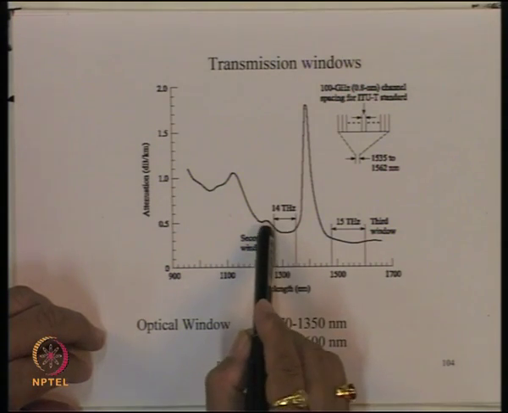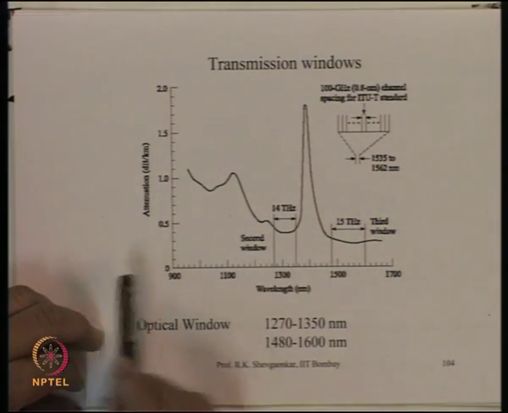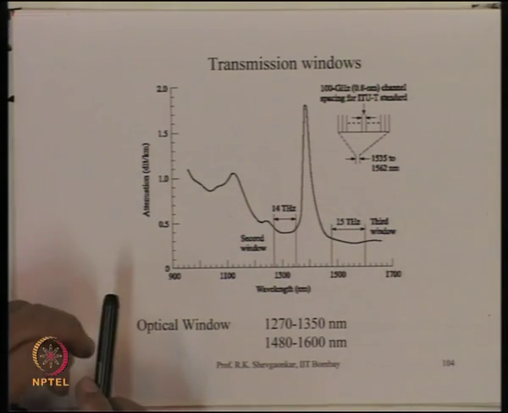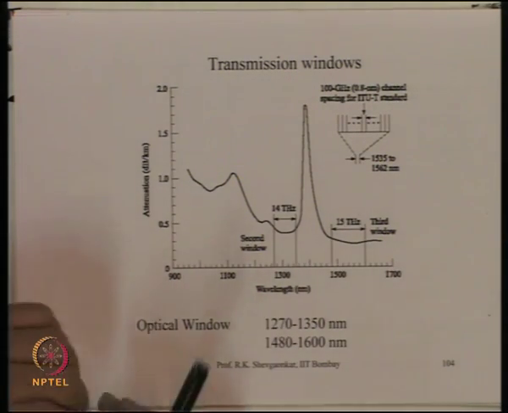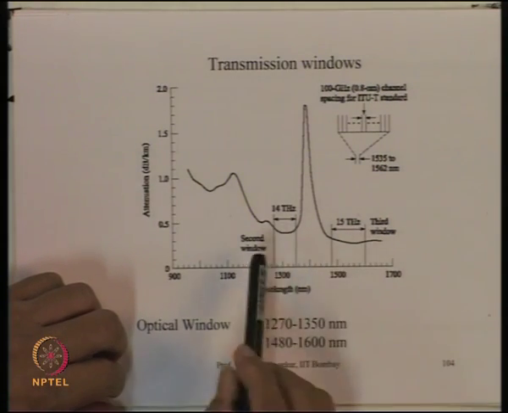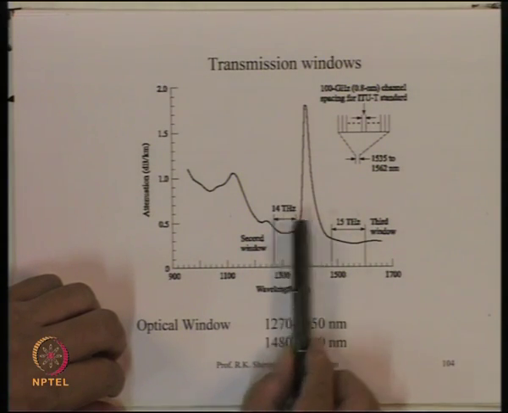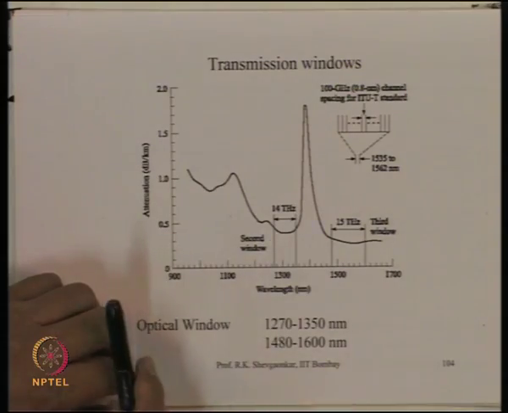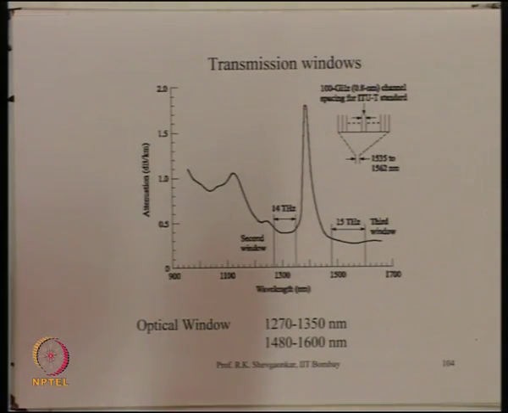Since initially the systems were already operating here and new systems started coming into 1550, for a while we could use both these windows, one channel of transmission in this window and one channel in this window. So simultaneously on one optical fiber, two signals were transmitted, one in the 1310 nanometer window, the other at the 1550 nanometer window, and both could carry data rates typically of the order of a few gigabits per second.